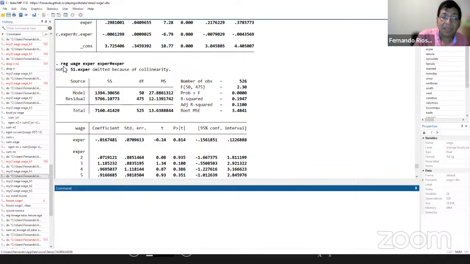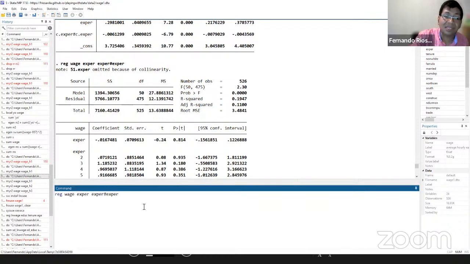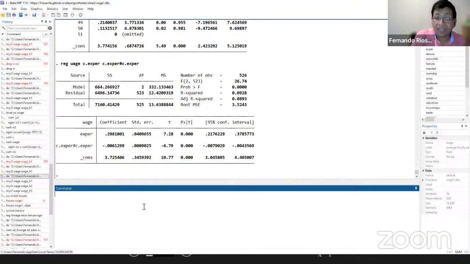So if you want to use quadratic terms, or cubic terms, etc., you have to always include the c dot. So Stata understands that this variable is continuous, and internally is going to create the quadratic term.